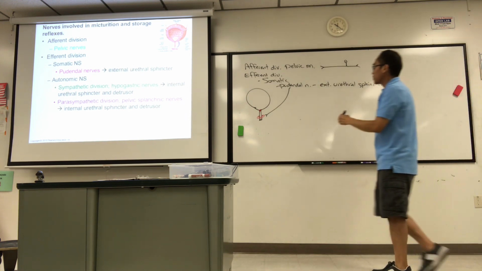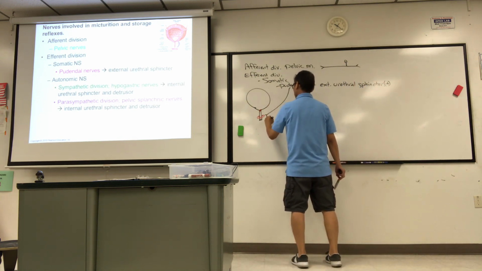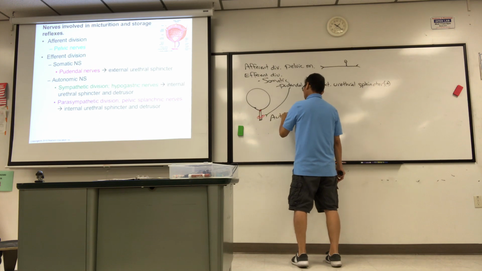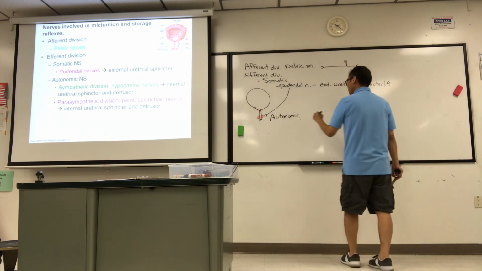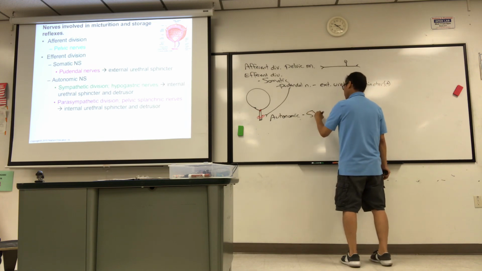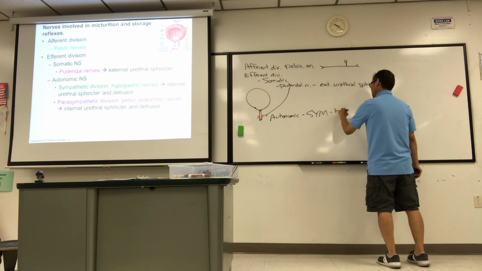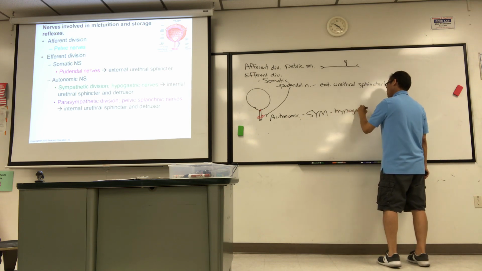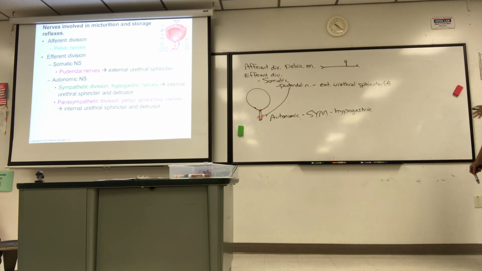For the autonomic nervous system, well, there's two divisions. So for autonomic, sympathetic, SYM, there's hypogastric nerves. The sympathetic is actually the nervous system that will help you hold it in by contracting the internal sphincter.